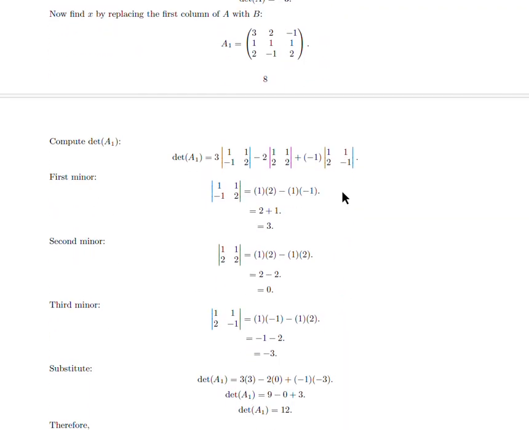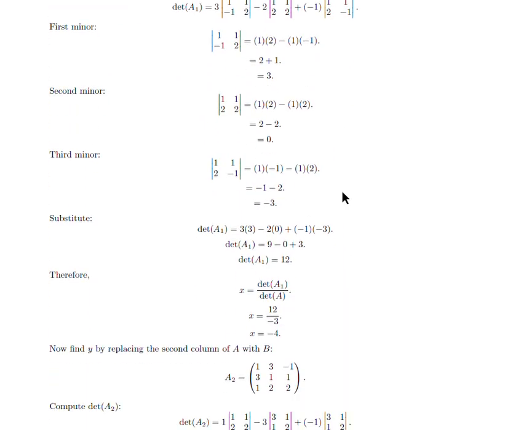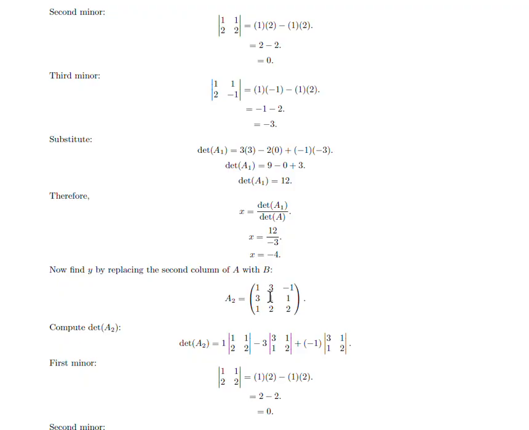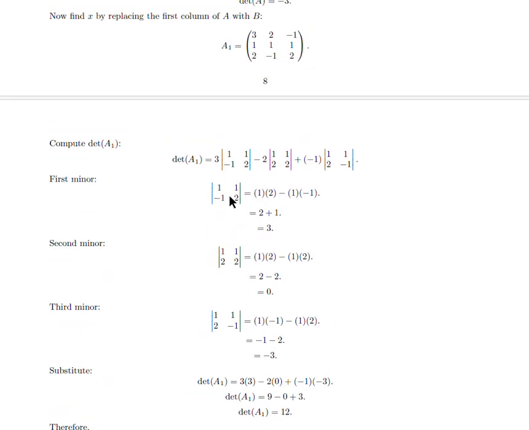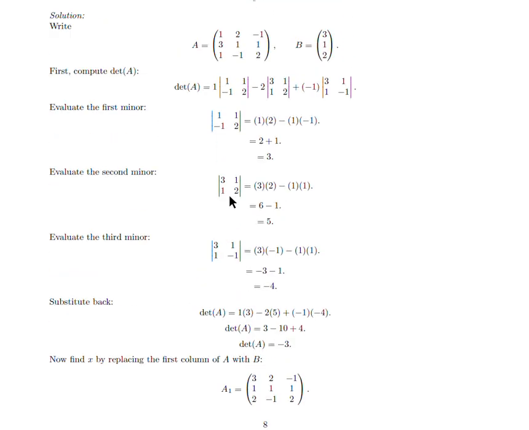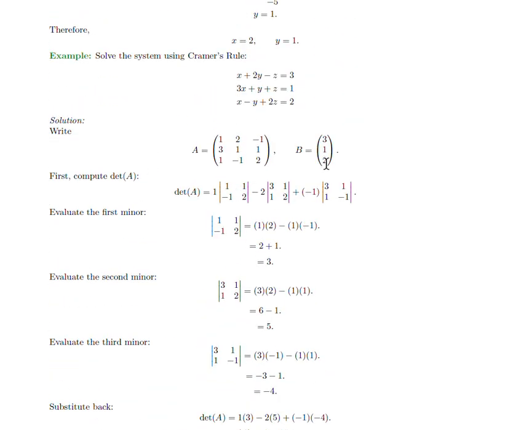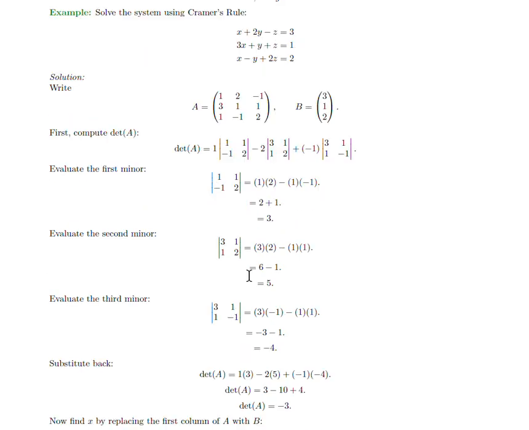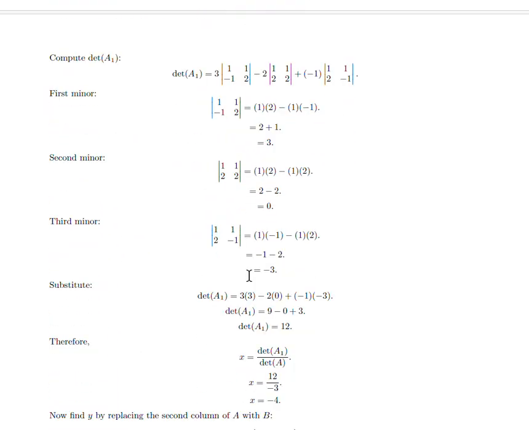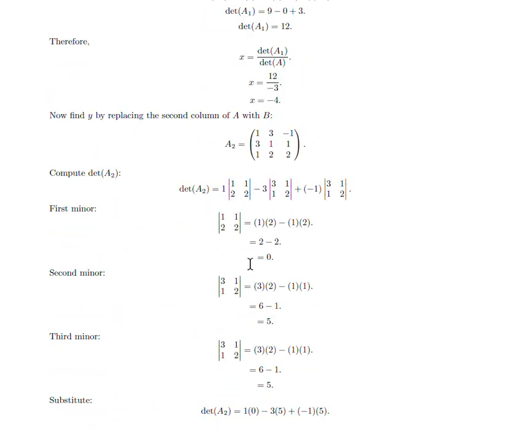A2 will take matrix B and fix it in the second column of matrix A. If we fix B in the second column of matrix A, it means we're eliminating 2 1 minus 1. Right, so 3 1 2 will replace all that, and that new matrix is matrix A2.